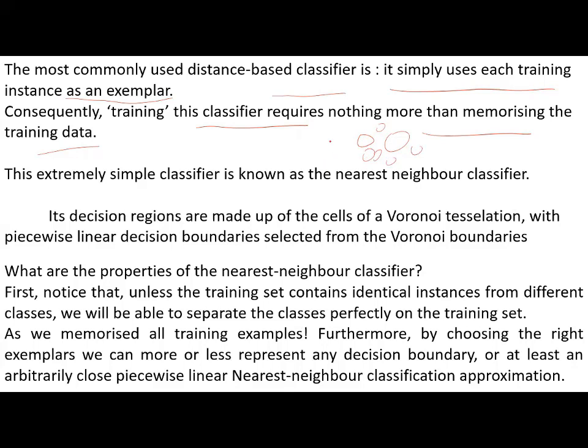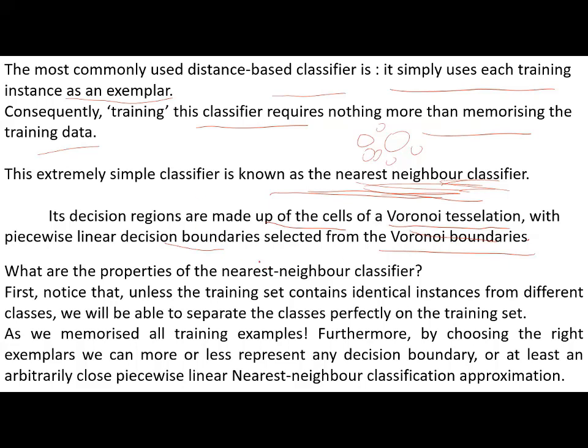Now, if a new data point comes, you have remembered all existing training data, and you apply the nearest neighbor classifier very simply. This extremely simple classifier is known as the nearest neighbor classifier. Its decision regions are made up of the cells of Voronoi tessellation, with piecewise linear decision boundaries selected from Voronoi boundaries. Let us see Voronoi tessellation, my dear friends.